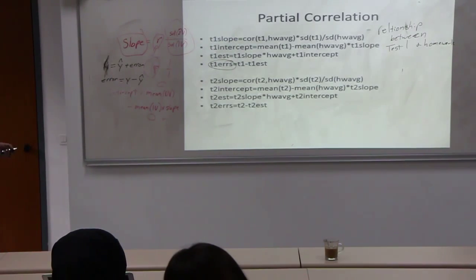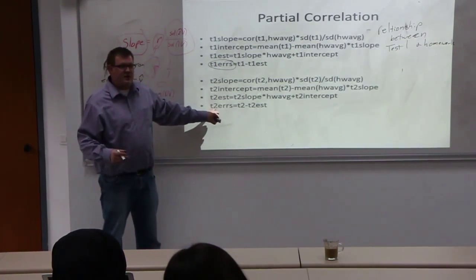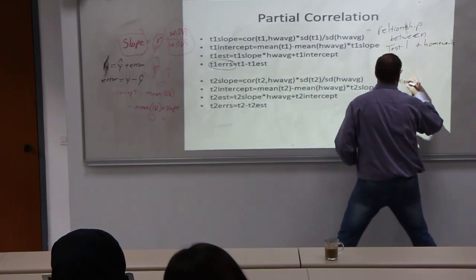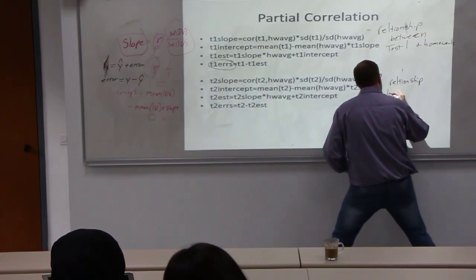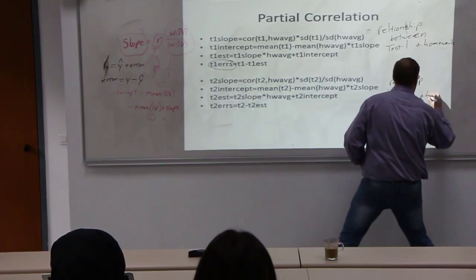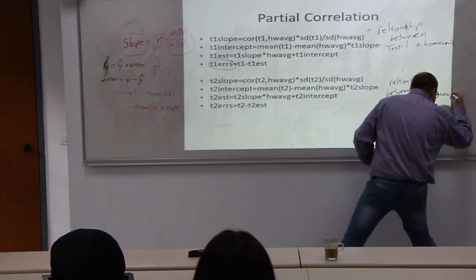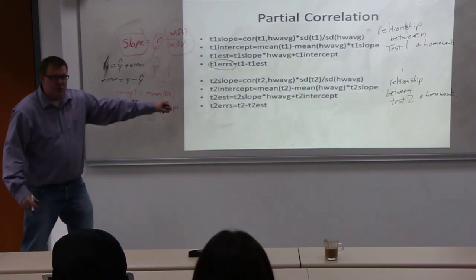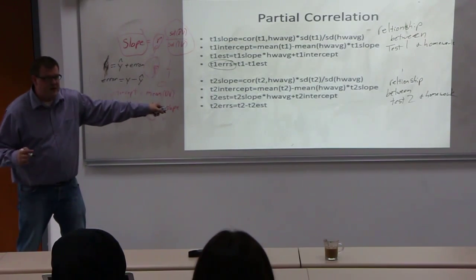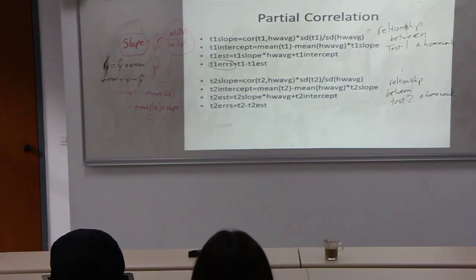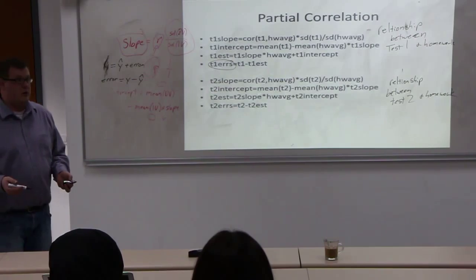And we have our errors. The errors here, these T2 errors, are the errors in prediction of the relationship between test 2 and homework. So the errors are what's left over: the variance in our test 2 after we've already pulled out all of the variance associated with the homework.